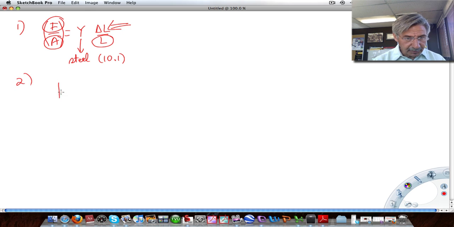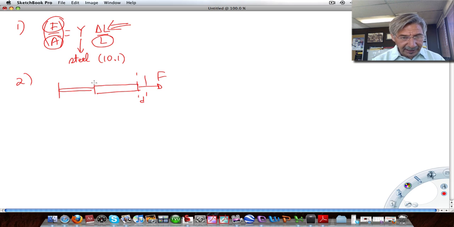Problem number 2, you have now two different diameters here, and you apply a force F here, and you know this distance D. The force is the same on this one as on this one, but the stress on this one is 4 times larger than the stress on this one.